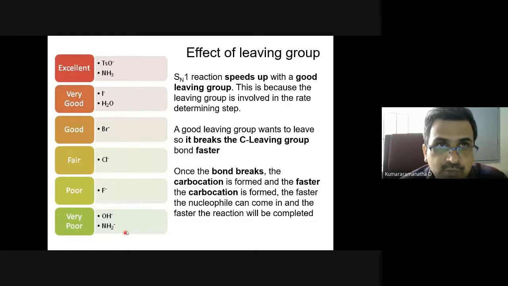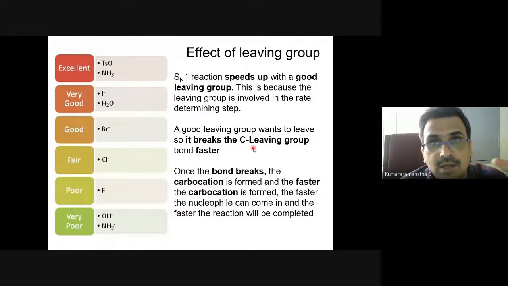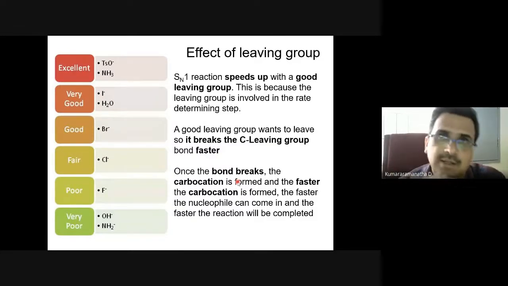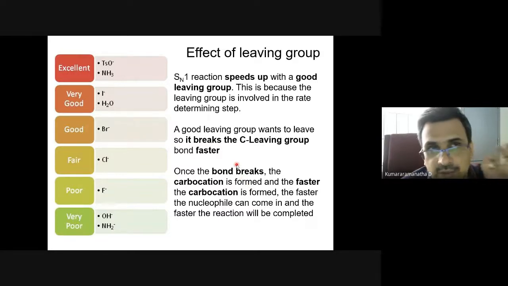If these groups are attached, it is very hard for them to leave, despite a very strong force. Breaking the leaving group bond is faster, and then the carbocation is attacked by the nucleophile. Then you get the final reaction, which goes to completion. So this is one important point you should remember.